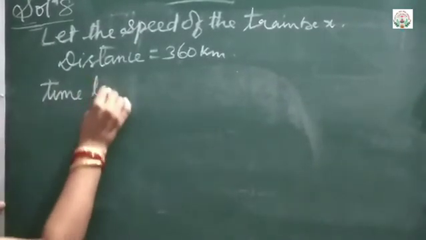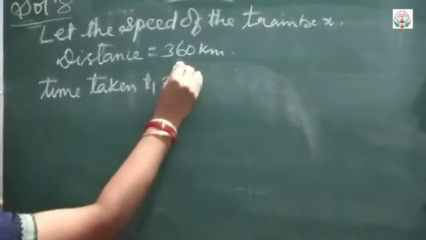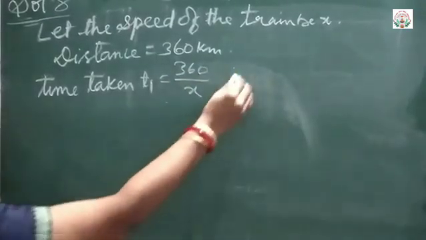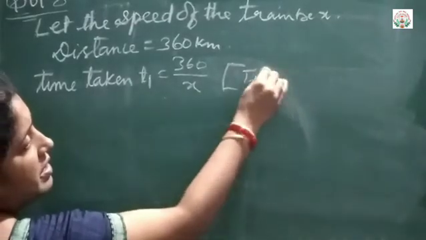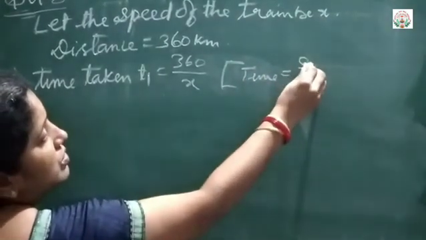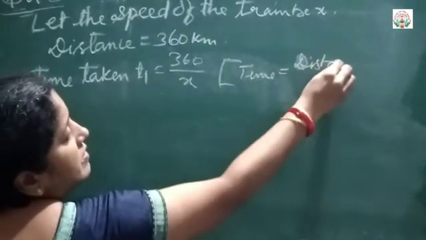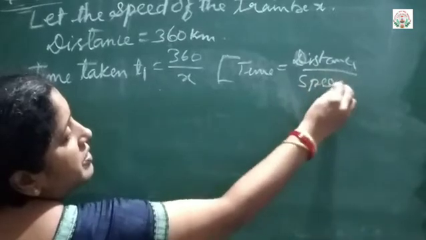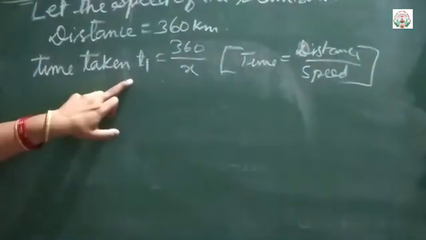Time taken T1 equals 360 upon x, because we know the formula of time equals distance upon speed. Okay, this formula we will use here.